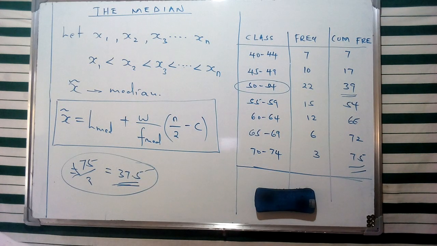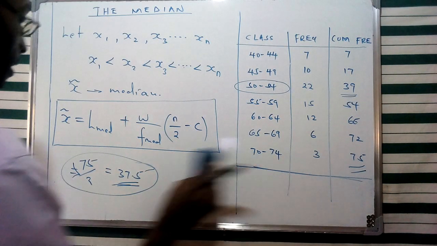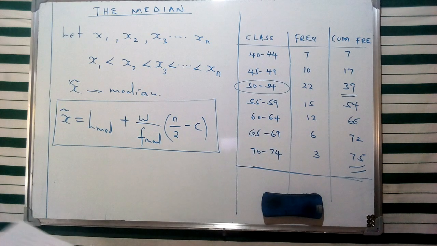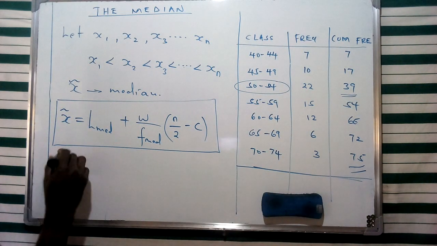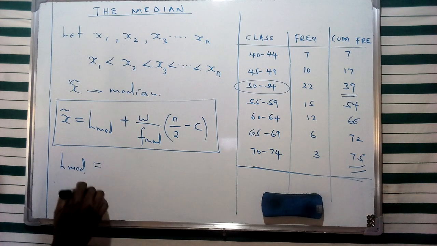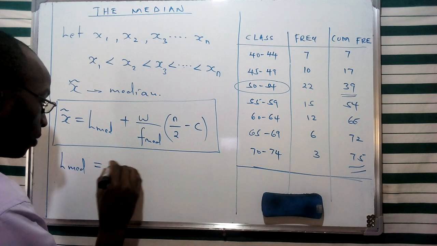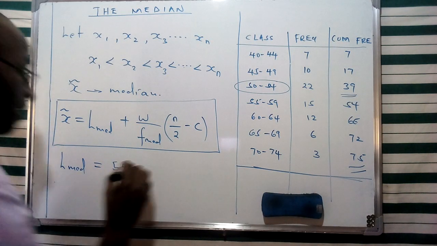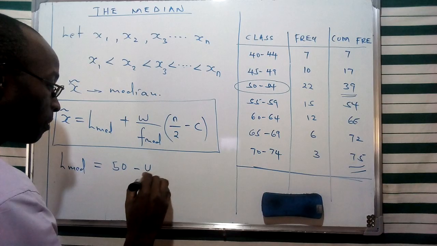Now from there, we're going to obtain other specific values. In this particular case, we have identified the class, which is 50 to 54. For us to obtain the lower class boundary of the median class, it is going to be the lower class limit of the median class minus the units of measurement divided by 2.